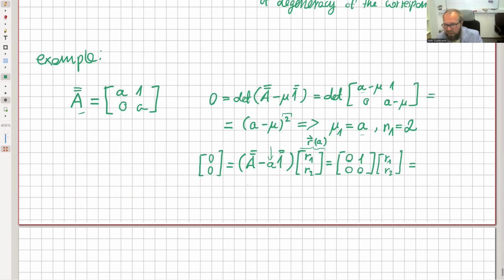Well, that's fairly simple. What you get is R2 equals 0. It might worry you a bit, because the thing you get from this is that R vector a is (1, 0).